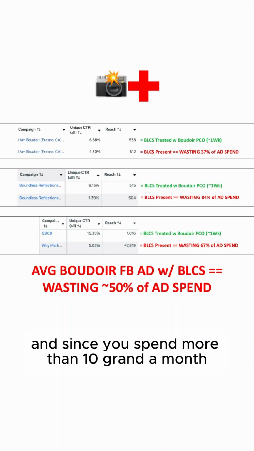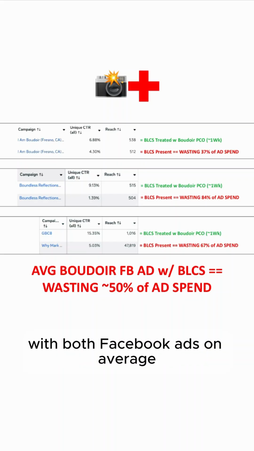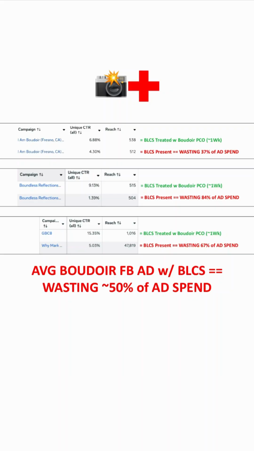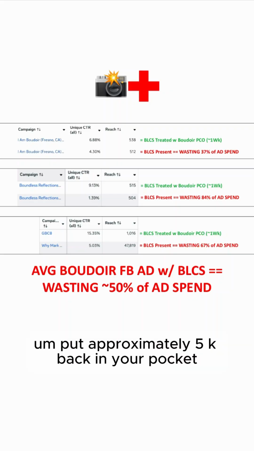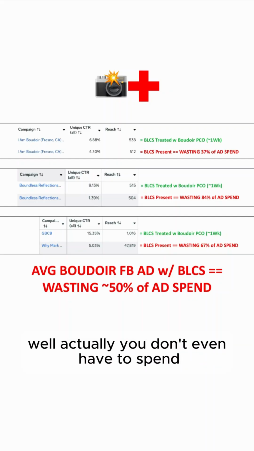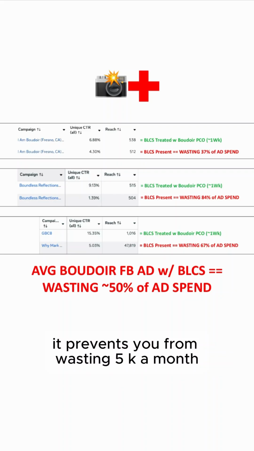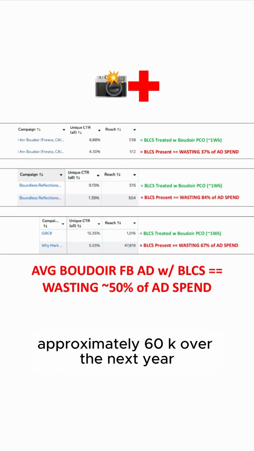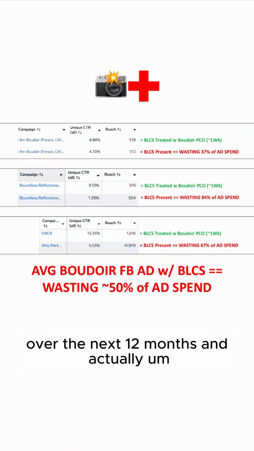And since you spend more than 10 grand a month on Facebook ads on average, we can eliminate approximately 50% of that wasted spend. Put approximately 5K back in your pocket. Well, actually, you don't even have to spend it. Prevent you from wasting 5K a month. Keep that in your pocket, approximately 60K over the next 12 months.